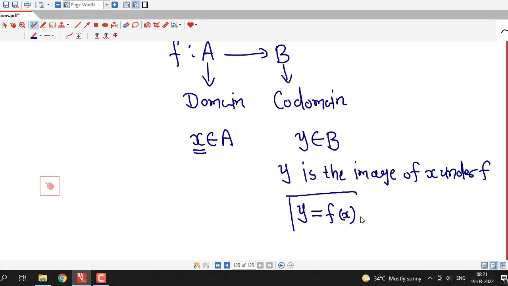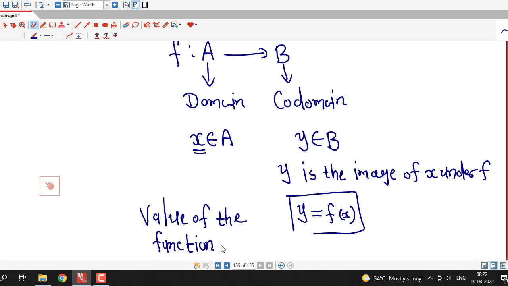When I write y equals f(x), that means y is the image of x under the function, or we can say that y is the value of the function at point x.